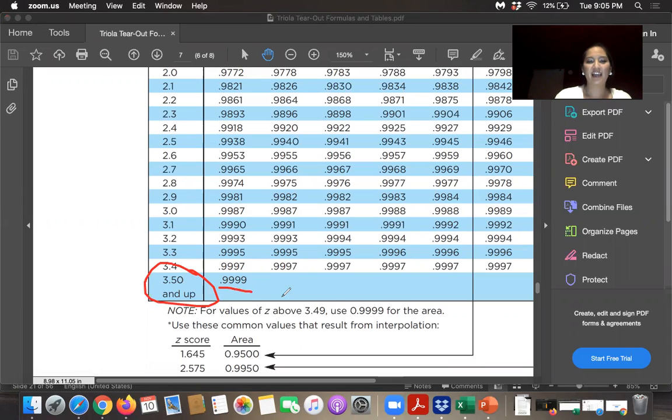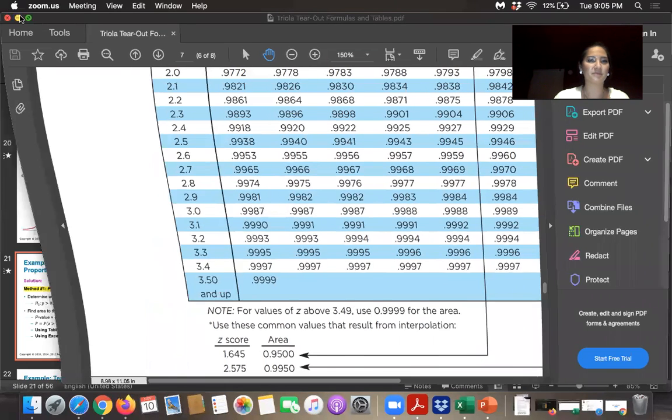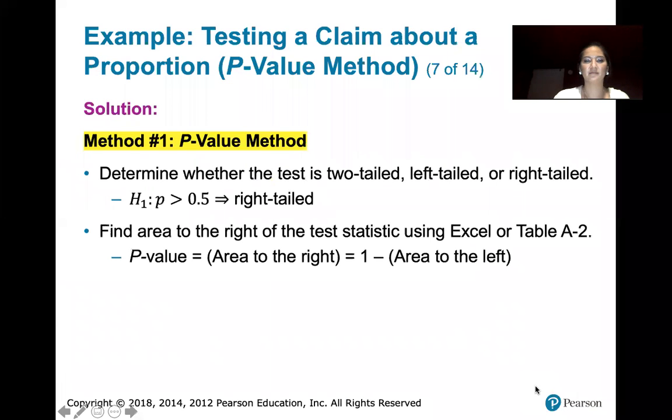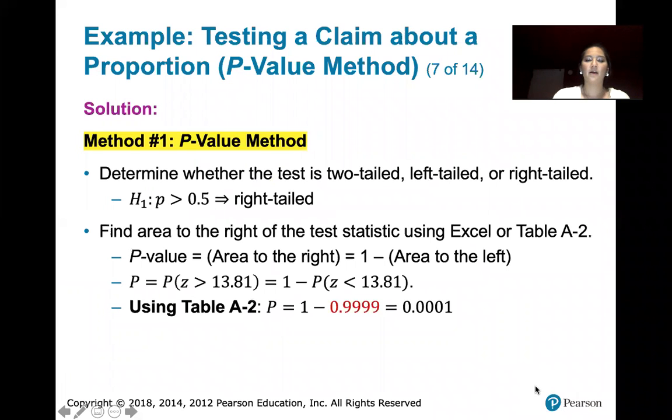Now that's not going to be accurate, but it's going to be close enough for our purposes. So if we're just using that for area to the left, we've got 1 minus 0.9999, which means our p-value is 0.0001. That's one possibility, or we can use Excel.